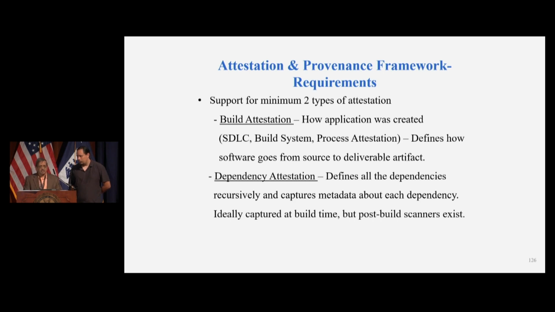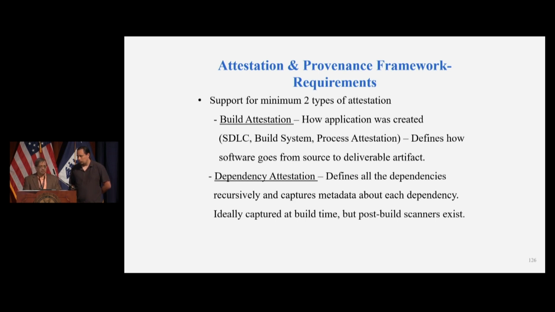And secondly, the dependency attestation. Dependency attestation is definitely needed especially when you procure third-party software. It doesn't matter whether it's open source or proprietary. And this dependency attestation also should tell us whether the dependency was created using the original source code itself, what was combined, or a pre-compiled binary was used.